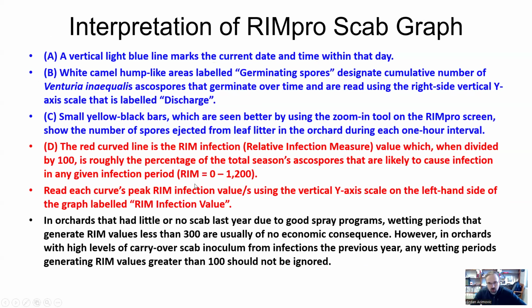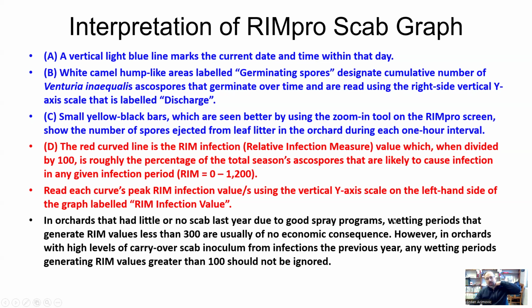I've explained to you what these parts of the graph mean from A to D and everything, but the one thing I wanted to pay more attention to is for which specific RIM values you should spray the fungicides. If your orchard did not have scab last year, usually we would say that's a scab clean orchard.